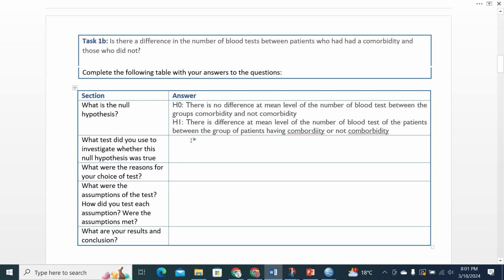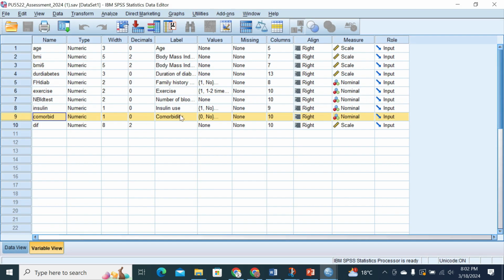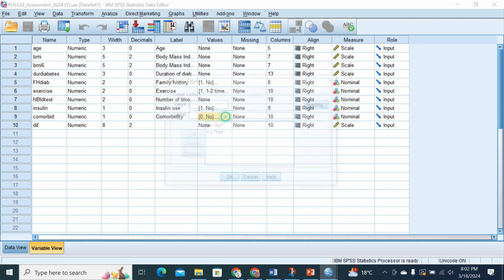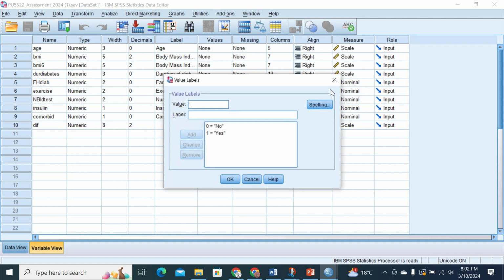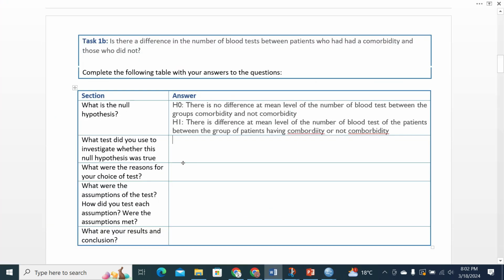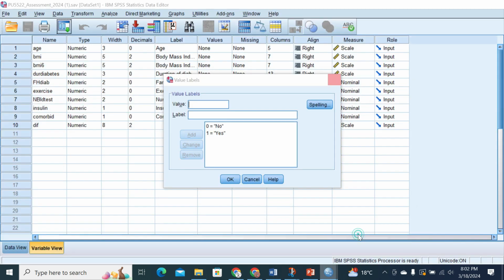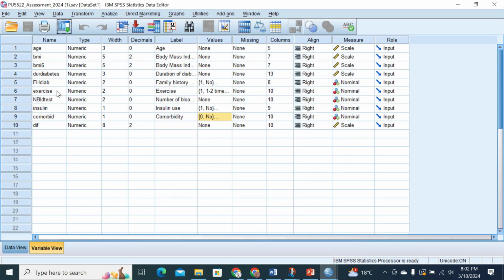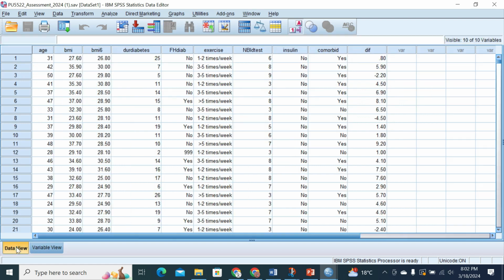So what test did you use to investigate this? The comorbidity variable, if we check its values, has no and yes, so basically binary responses. The second variable, the testing variable, is the number of blood tests, and if we check it in the variable section, it is a numerical variable.